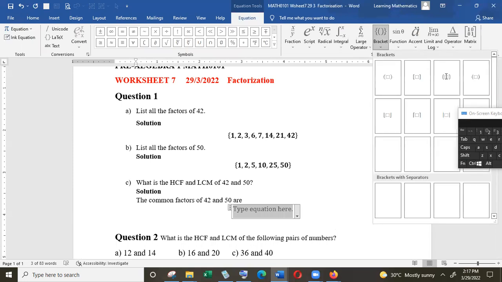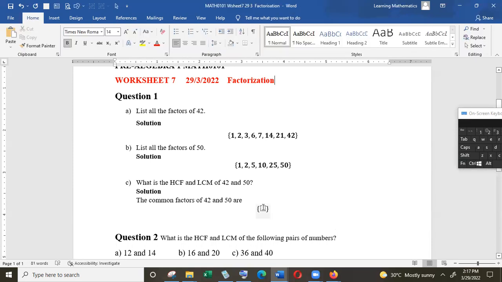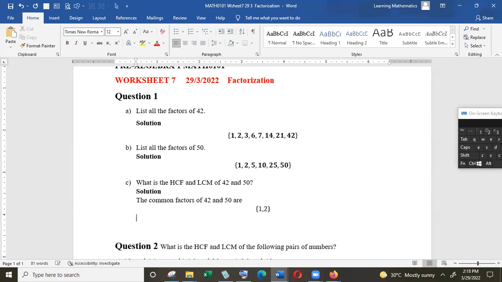So 1, the common factor of any pair of numbers, the lowest common factor, and 2. We have 1 and 2. So therefore, the highest common factor, the common factor that is the highest, is 2. And the LCM is the lowest common multiple, the number that both 42 and 50 can go into.